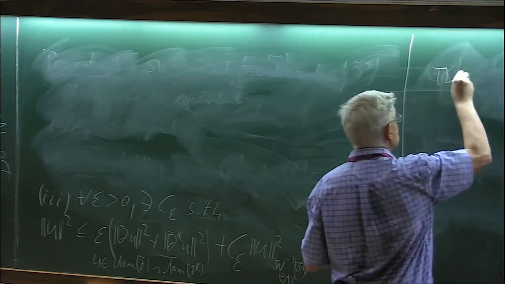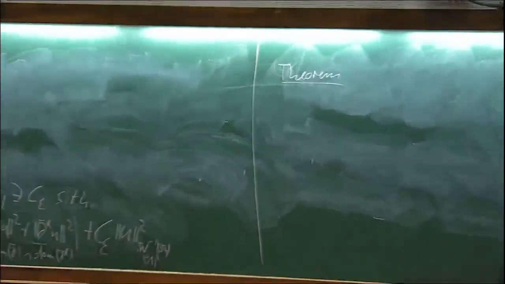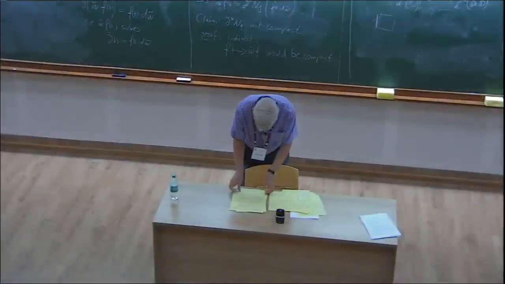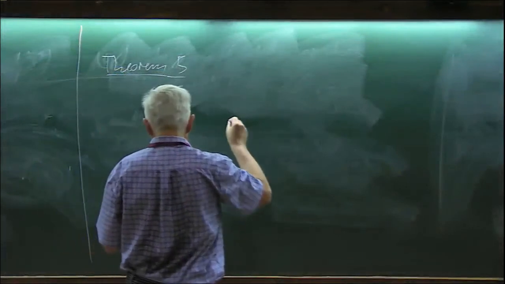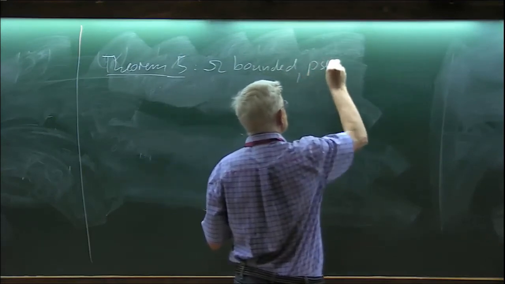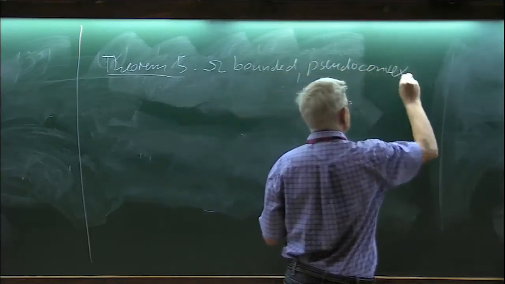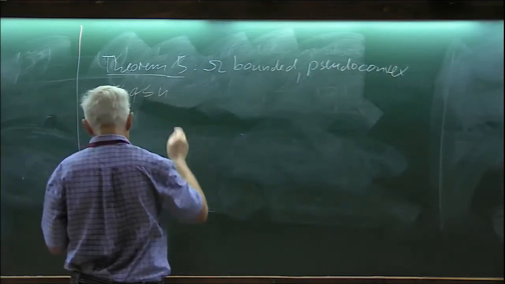So theorem, theorem 5, I think it is. Omega bounded, pseudoconvex, 1 less than or equal to q less than or equal to n.